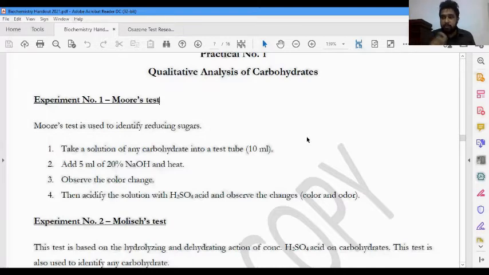That's why when we add high amounts of sulfuric acid, you have observed that it has caramelized, and if we boil the content for a longer period of time, that will also caramelize.